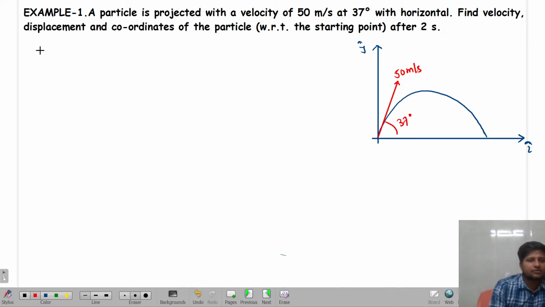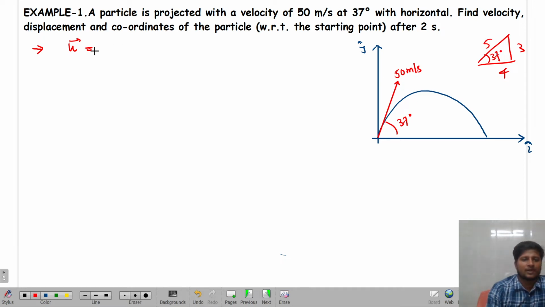So velocity after 2 seconds it is asking, simple. So look over it. I can write the initial velocity equation. Initial velocity will be what? 50. First draw that triangle. This is 3, 4, 5. This is 37. Okay. So u is equal to 50 cos 37 i cap plus 50 sin 37 j cap.